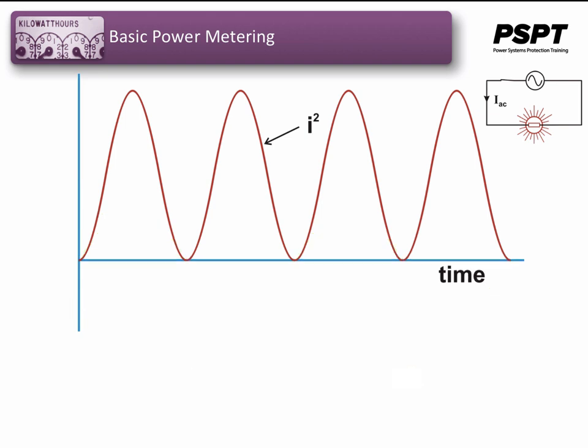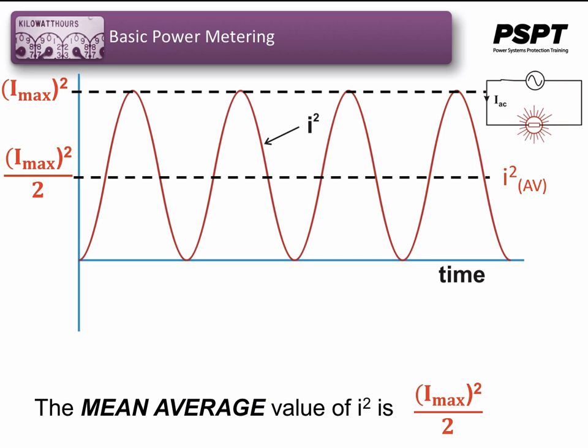Now the peak or maximum value of I squared is shown here and labeled I squared max. The mean or average value of I squared is shown here, and it is exactly I squared max divided by 2. Remember now that the instantaneous power is given by I squared times R for the resistive load.